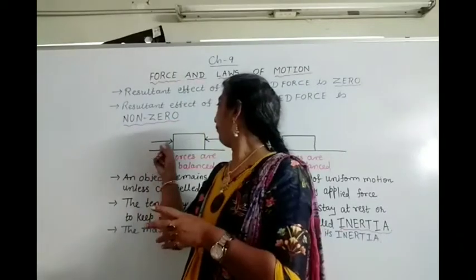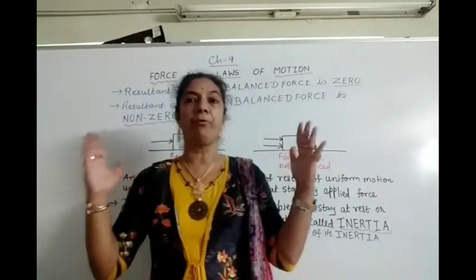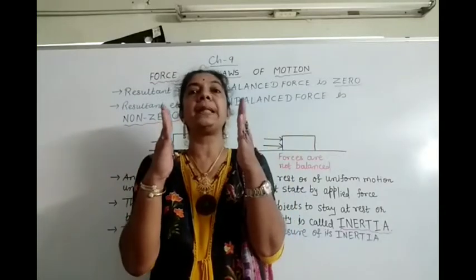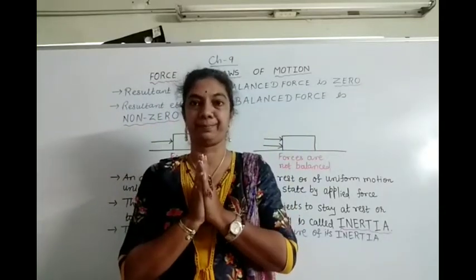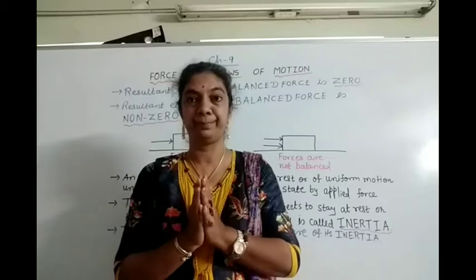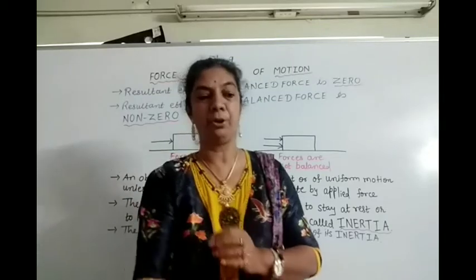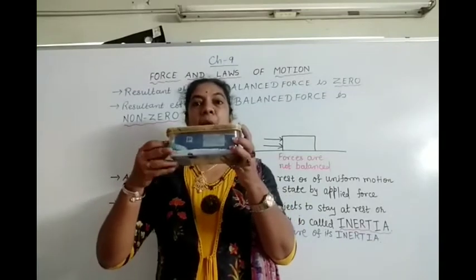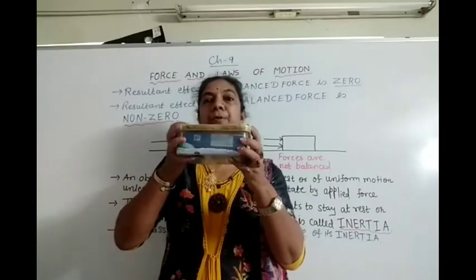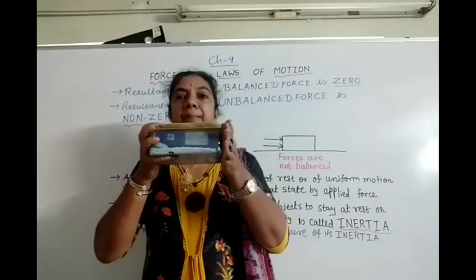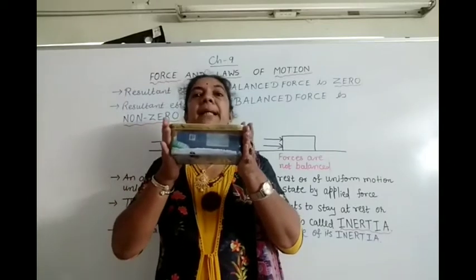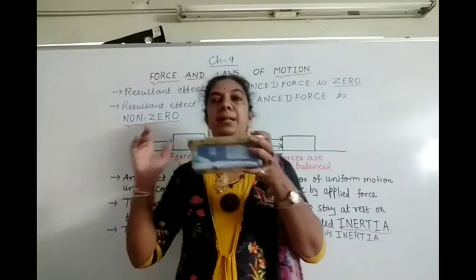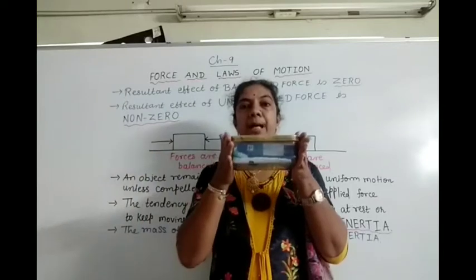If the applied forces are from opposite directions, can it move? Say I want to move this box. One person is applying force from this direction, one person is applying force from this direction, like this. This is the first figure I am showing you.